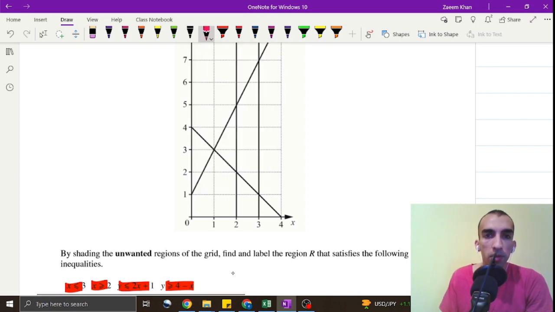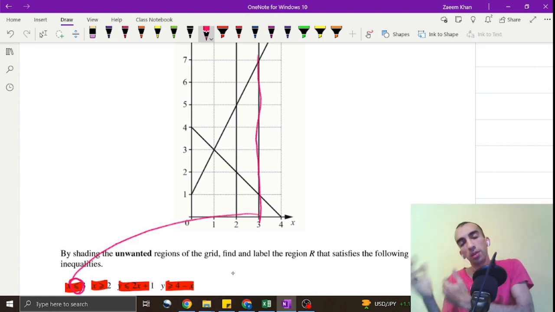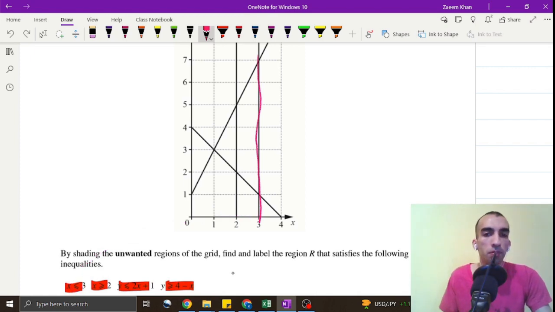Perfect. So this is the line x is equal to 3. But when the inequality sign says less than or equal to 3, are we supposed to stay on the right of it or to the left of it? To the left of it.